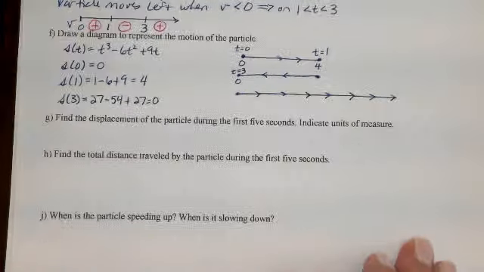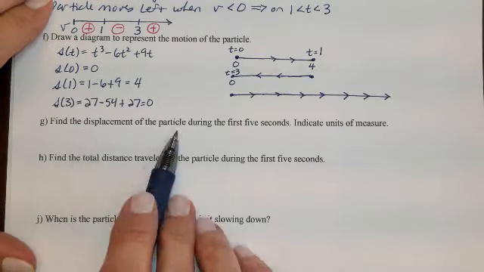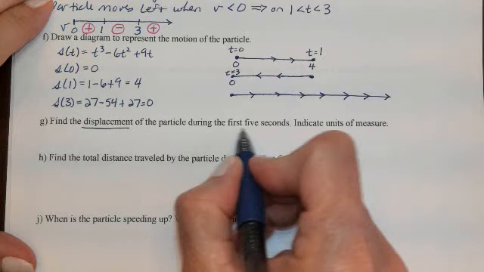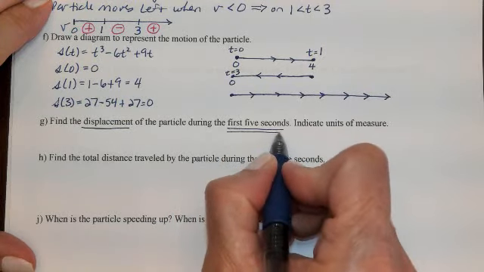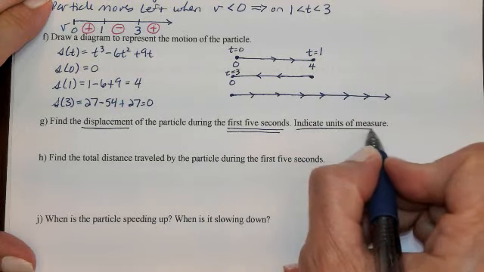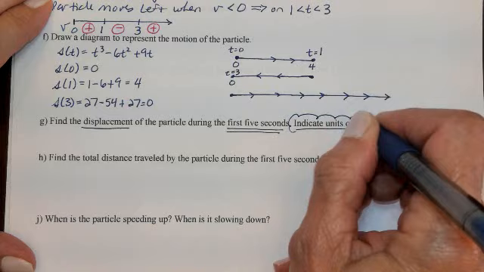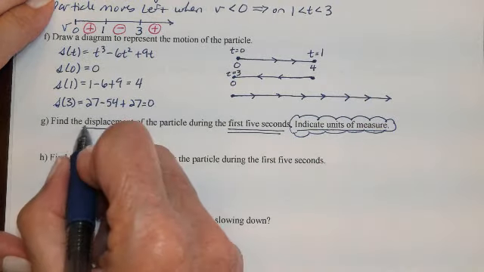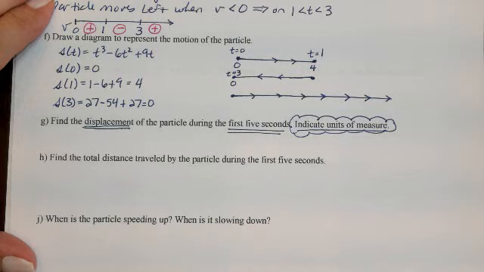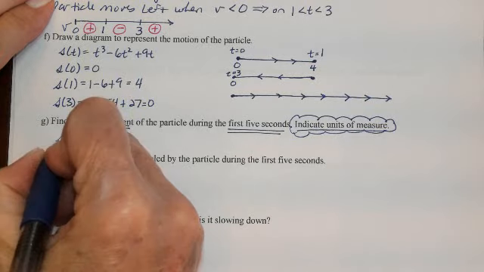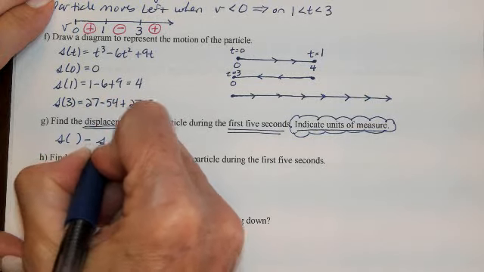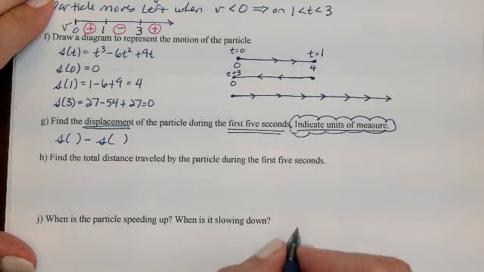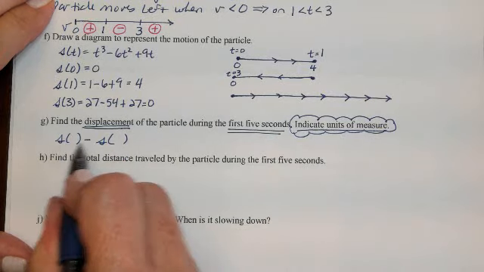All right. Find the displacement of the particle during the first 5 seconds. Indicate units of measure. I don't want to forget that, so I'm going to bubble it. You need to know how to find displacement. Displacement is your ending position minus your starting position. What time are we ending?